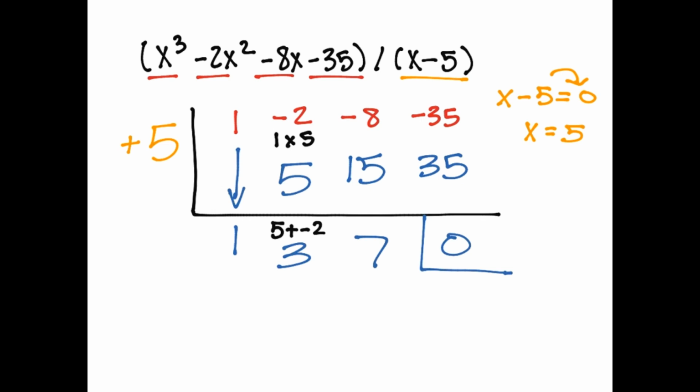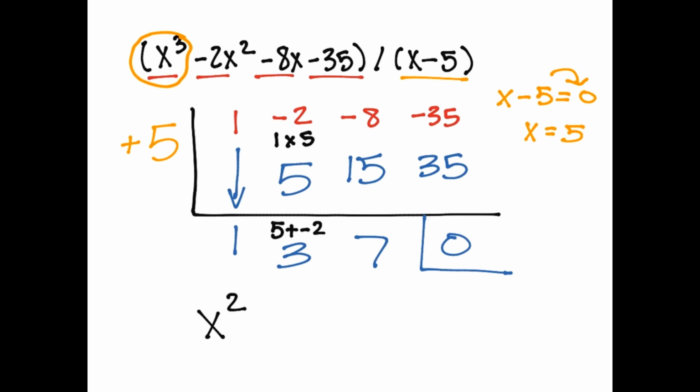And now the way that you write your final answer is you want to write the answer as one order less than the original polynomial that you're dividing into. So what I mean is that our original polynomial is to the order of x cubed. So our final answer is going to be one order less. So we will be x squared rather than x cubed.